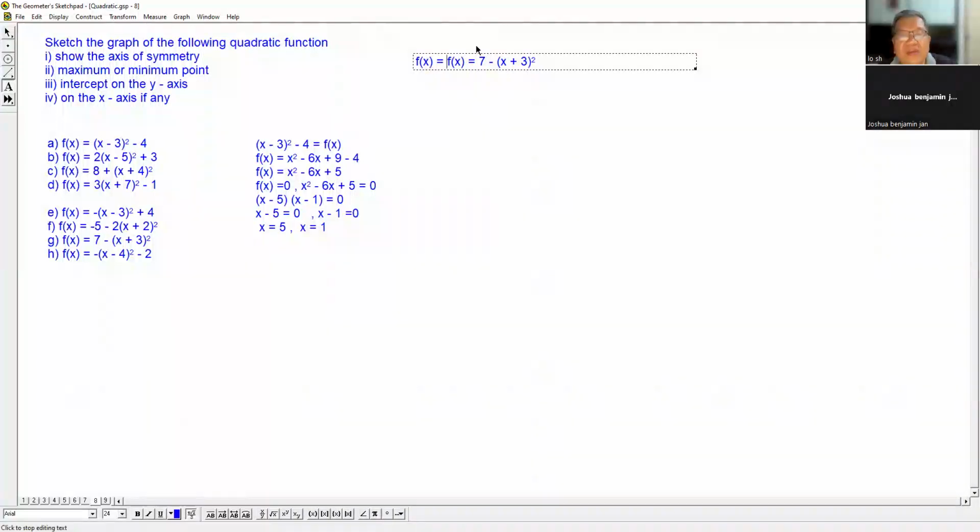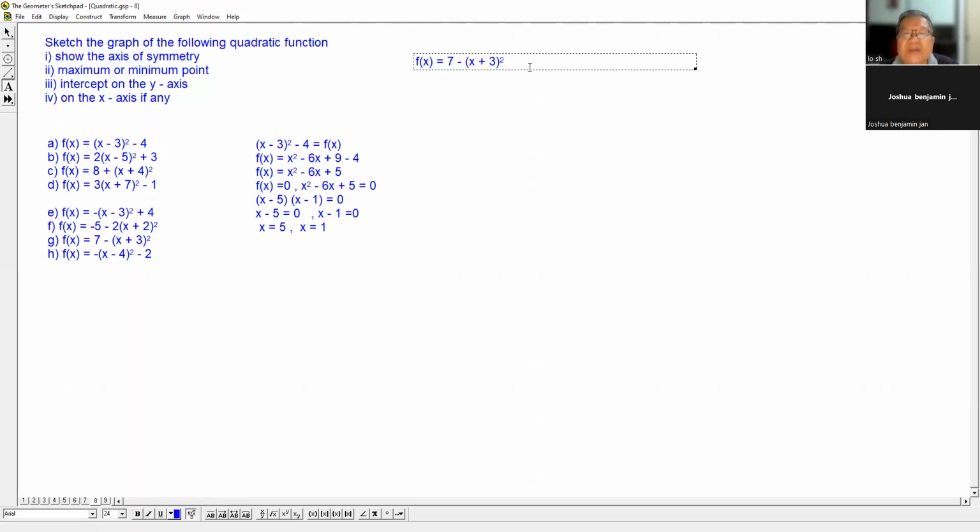So from this graph, can you expand this and tell me where it cuts the y-axis? If possible, tell me where it cuts the x-axis also. You expand this one, right?